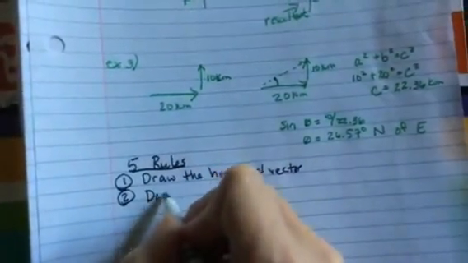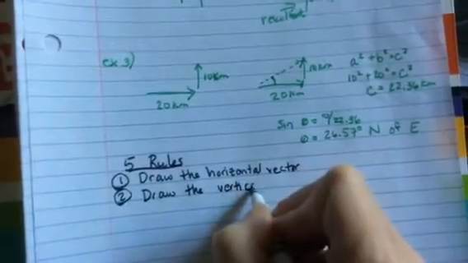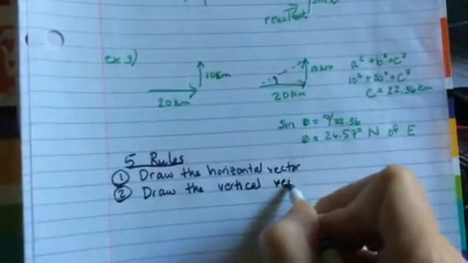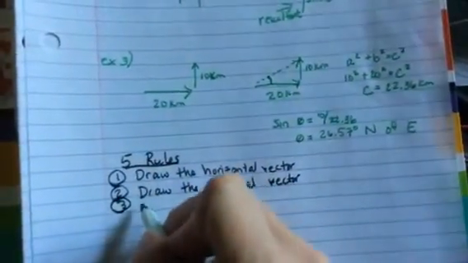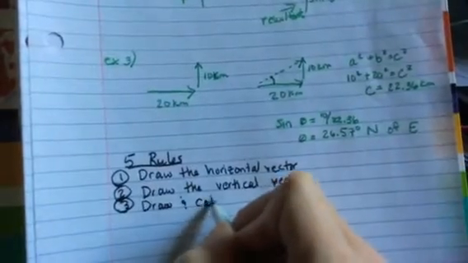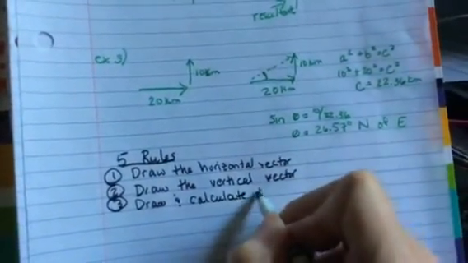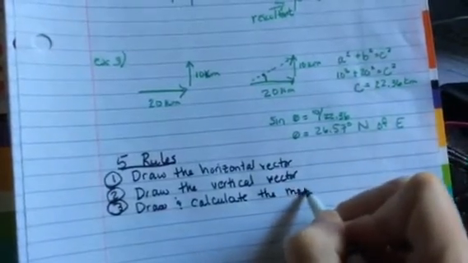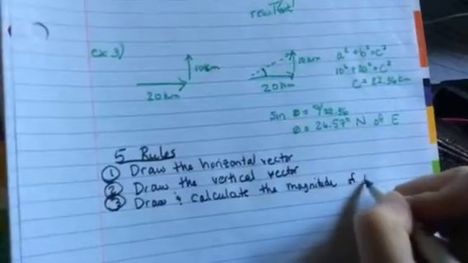2, draw the vertical vector. 3, draw and calculate the magnitude of the resultant.